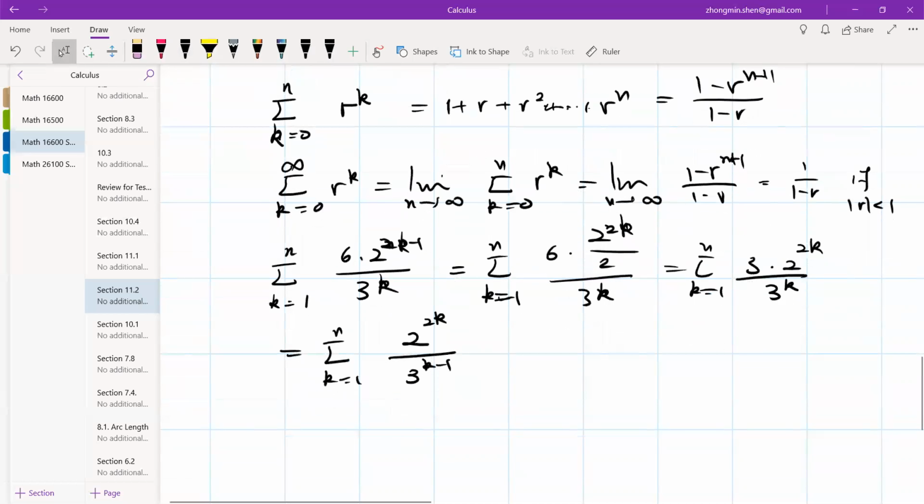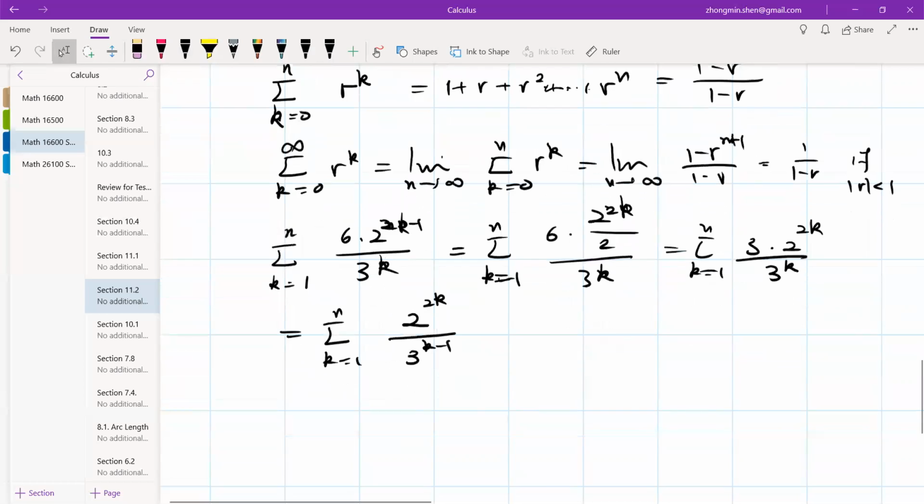Now what? The first leading term, if you want to see it, is 2 squared and 1. The second term will be 2 to the 4th power and 3, and keep going, right? The last term is 2 to the 2n, 3 to the n minus 1.